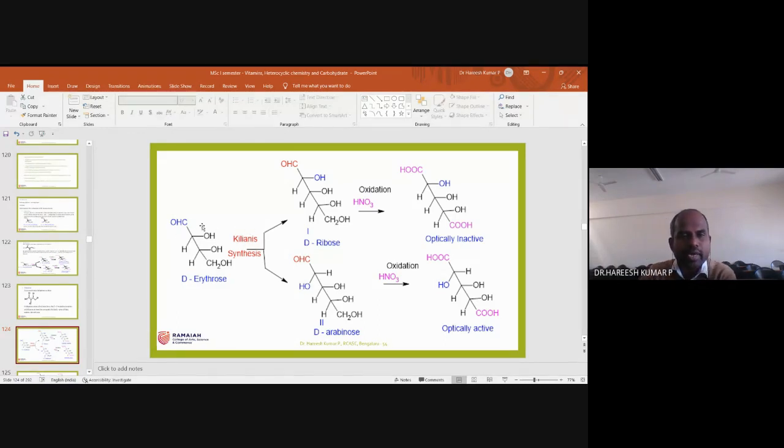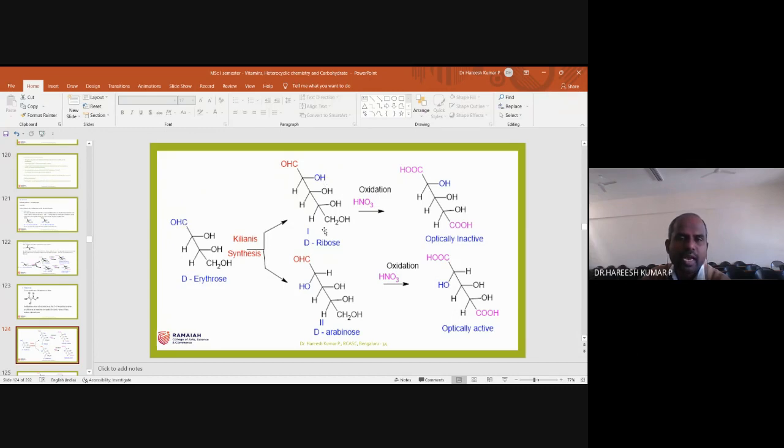Hydrogen cyanide adds to CHO: oxygen forms a bond with the hydrogen, CN forms a bond with this carbon, giving rise to a nitrile. The nitrile is hydrolyzed, that is, converted into carboxylic acid, and then reduced. The carboxylic acid is reduced to CHO; this CHO is the newly formed aldehyde.